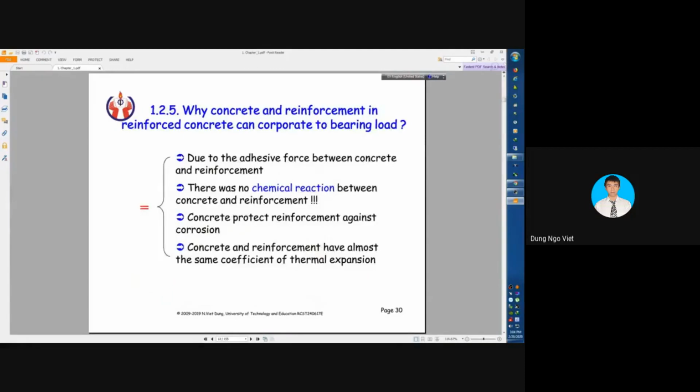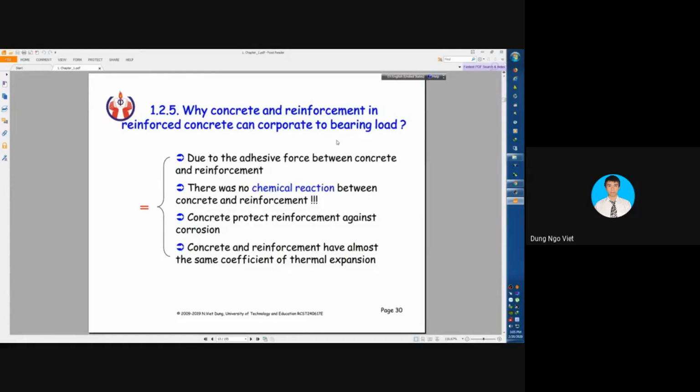So here is a question: why can concrete and reinforcement in reinforced concrete cooperate to bear load? Here we have 4 reasons why concrete and reinforcement can work together to bear the load. The first one is the adhesive force between concrete and reinforcement.